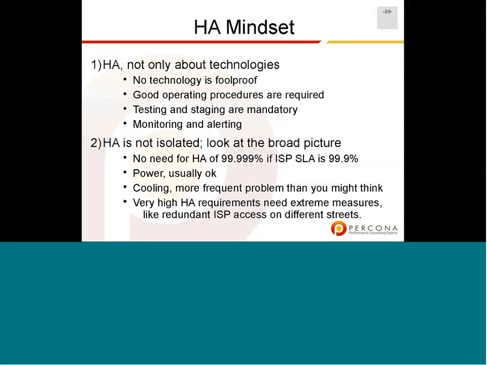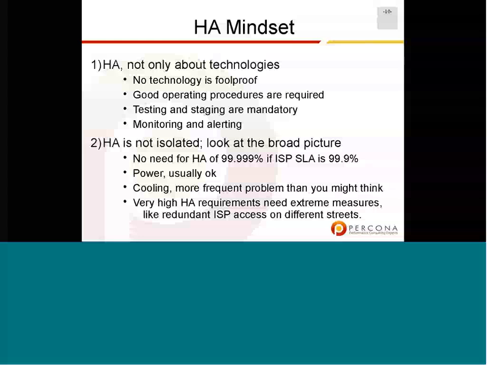You can have a very HA database, but if someone issues a drop database, it will drop the database in an HA way. So the data will be effectively down. So very good operating procedures are required.